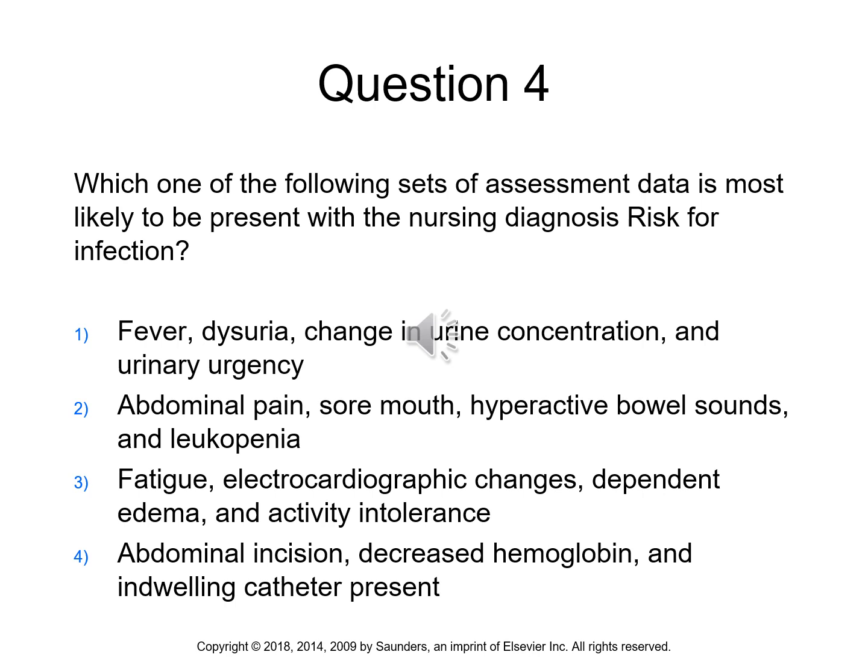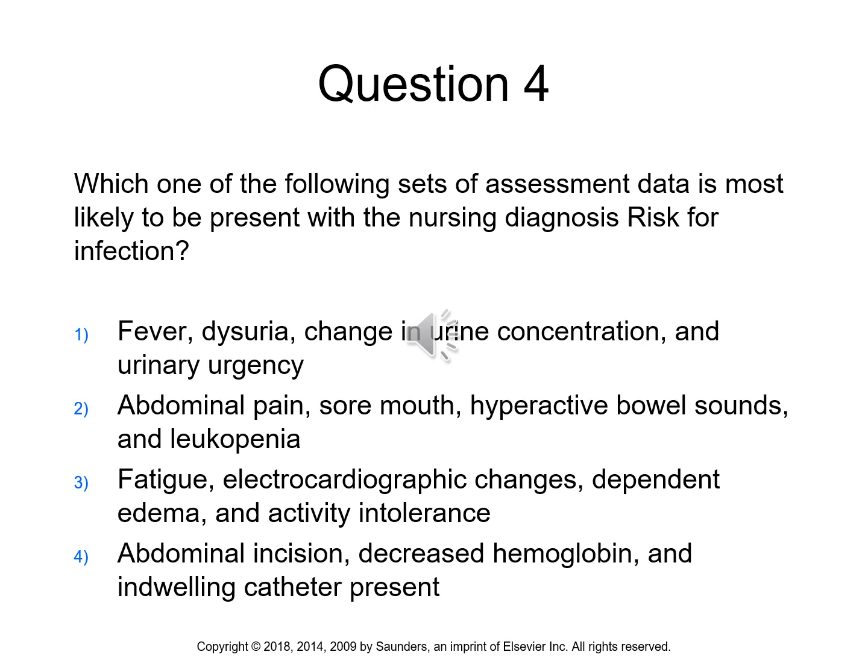Question 4: Which of the following sets of assessment data is most likely to be present with the nursing diagnosis risk for infection? The answer is 4, abdominal incision, decreased hemoglobin, and indwelling catheter present. Assessment data used to make a nursing diagnosis include medical history, physical examination, laboratory analysis, and data from the nursing history and assessment.